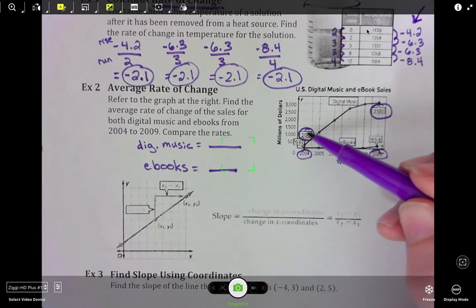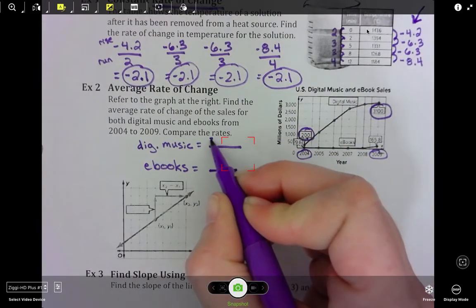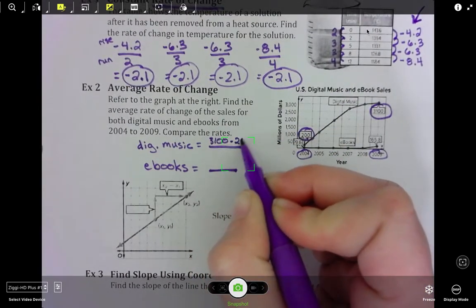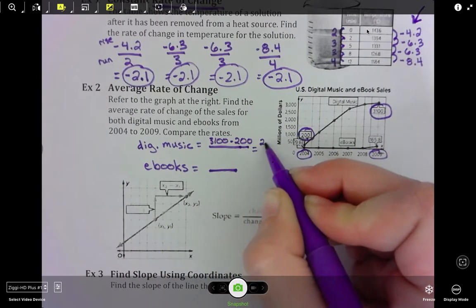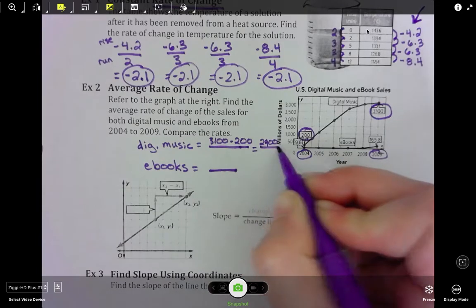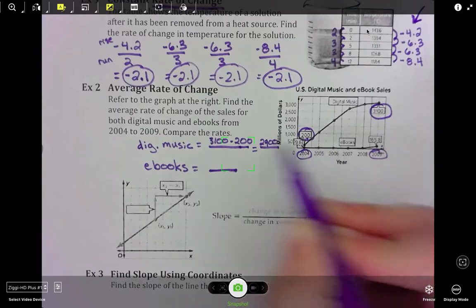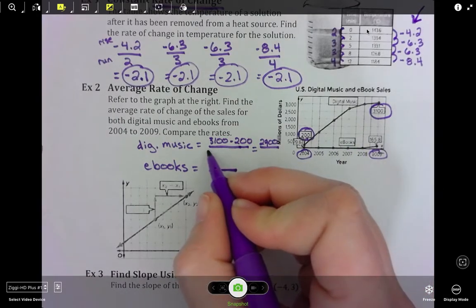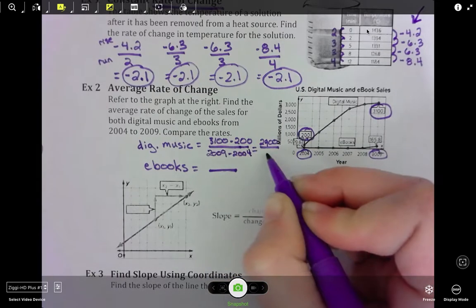How much did it increase from 200 to 3,100? 3,100 minus 200 is how much it changed in the y coordinate, and that is 2,900. Okay. If I'm looking at how many years have elapsed, or the run, how many years have gone by, that's 2009 minus 2004, or just 5 years.